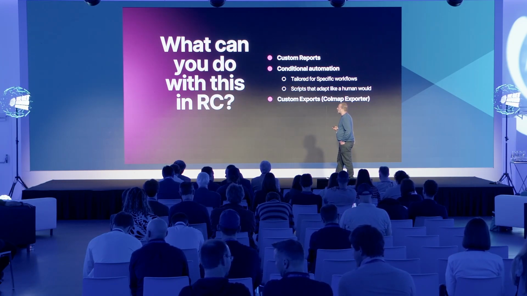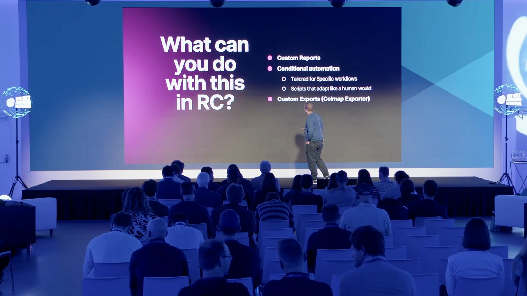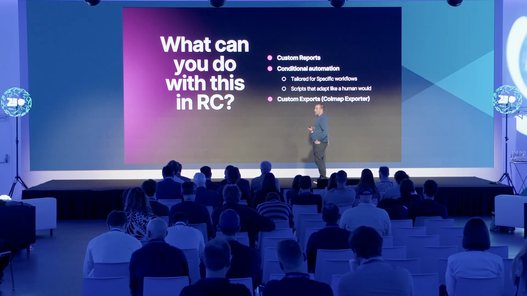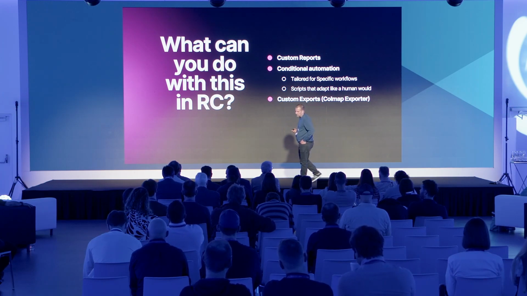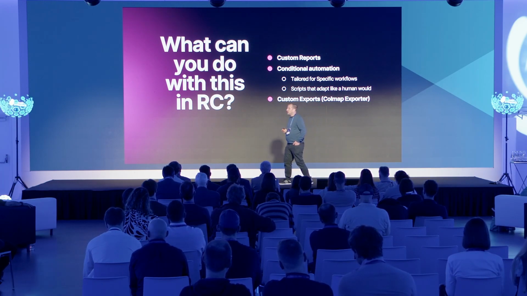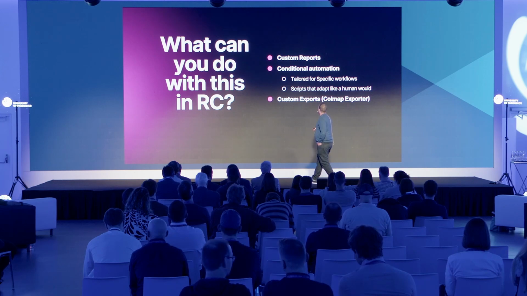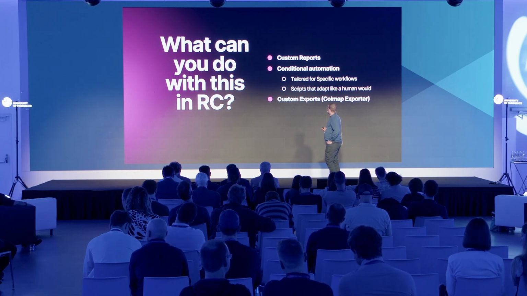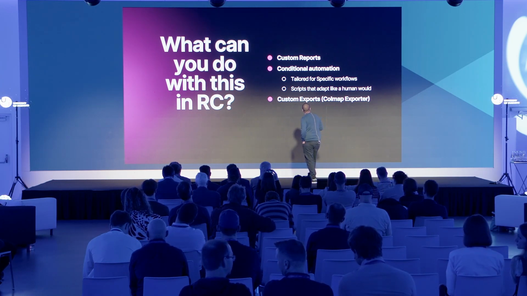So what can you do with this? Well, the most basic thing you can imagine is to build a custom report. If you go back to those templates, you can find them in the installation folder. You can go in and edit them and add things you like. Now, this is where it gets quite interesting: conditional automation.